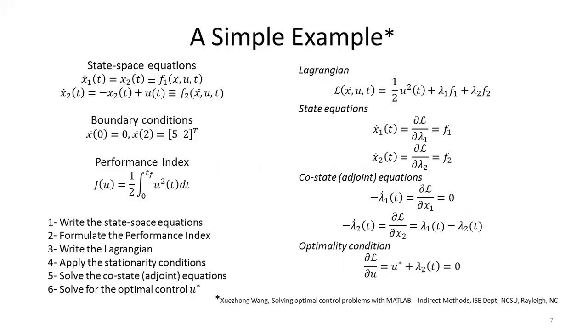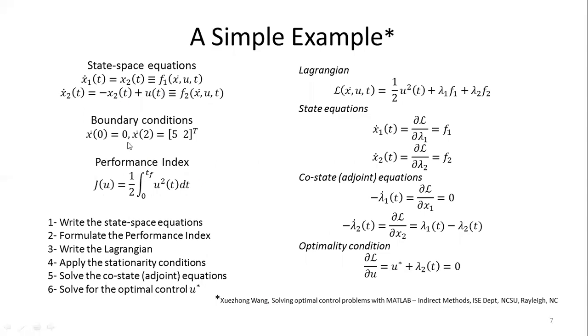Now, let me give a simple example, which is very useful to understand in a simple model. And this is taken from this reference over here, that you have two coupled first order ODEs. X1 dot is X2, X2 dot is minus X2 plus a control U of t.